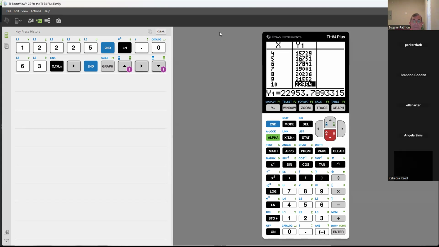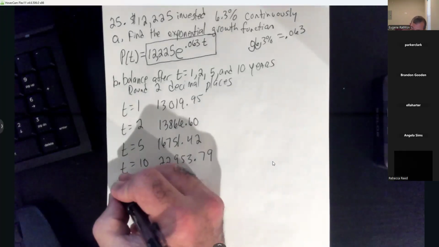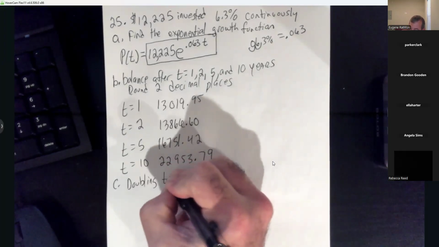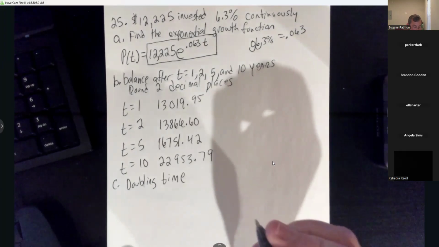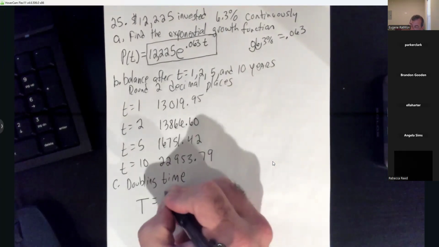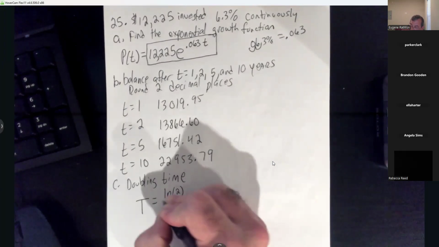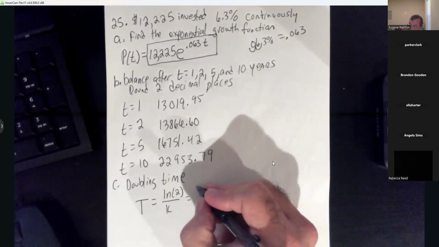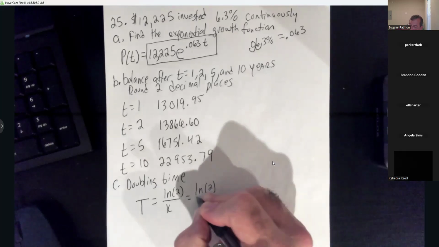All right, y'all. Then finally, it wants the doubling time. So since it wants the doubling time, once again, I'm going to use my formula. T equals the ln of 2 divided by k. So y'all, that'll be the ln of 2.